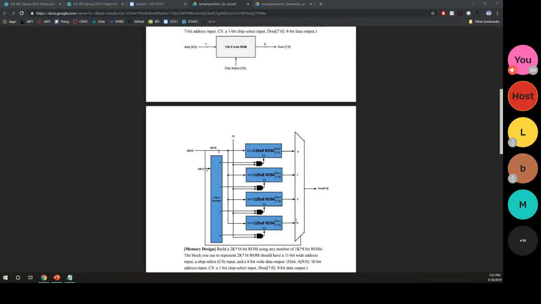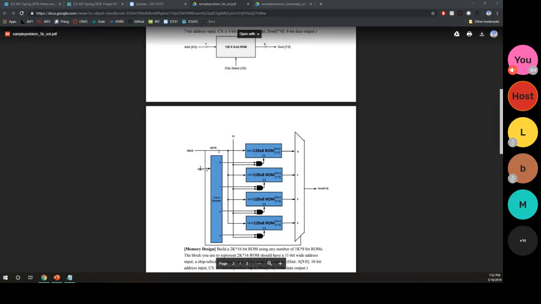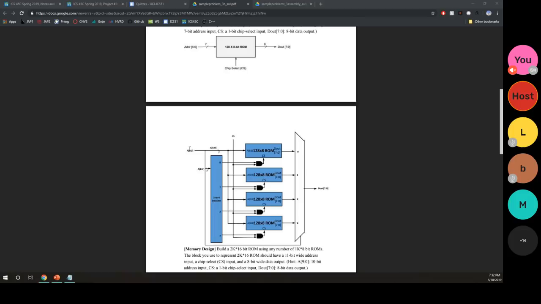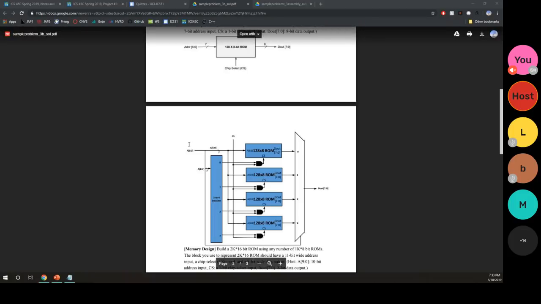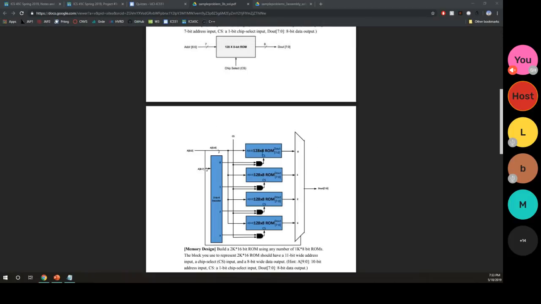Okay, so the reason there's 4 ROMs is because you have 512, right? So 128 plus 128 plus 128 plus 128 is 512. And we know that there's going to be 4 because if we want 512, that means it's 2 to the 9 compared to 128 being 2 to the 7th, which means there's a 2-bit difference.